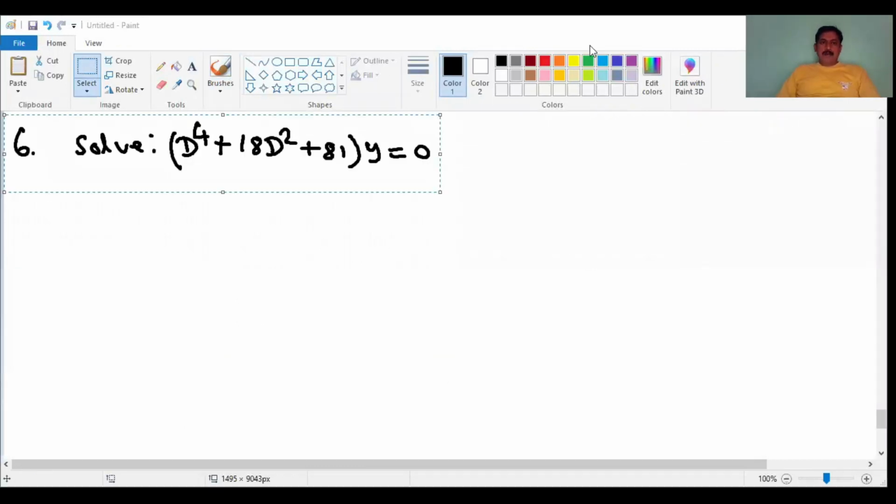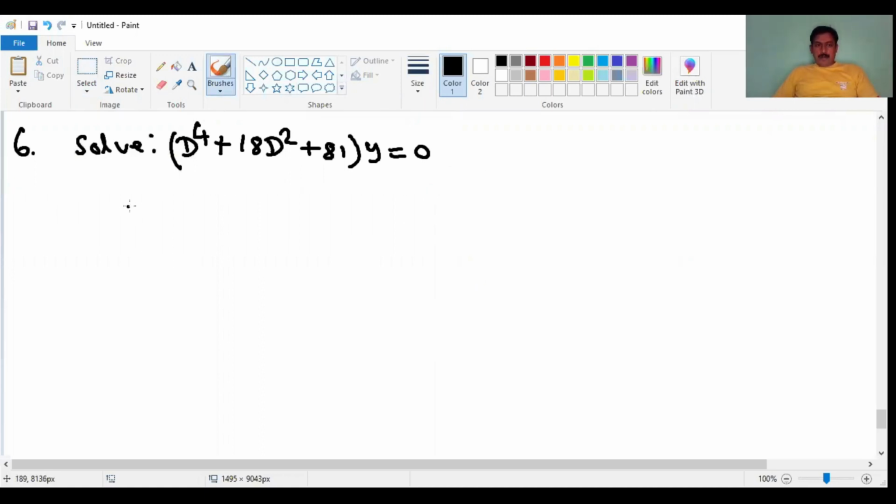The next problem is: solve D power 4 plus 18 D square plus 81 into y equal to 0. Now I am going to write the auxiliary equation: m power 4 plus 18 m square plus 81 equal to 0.